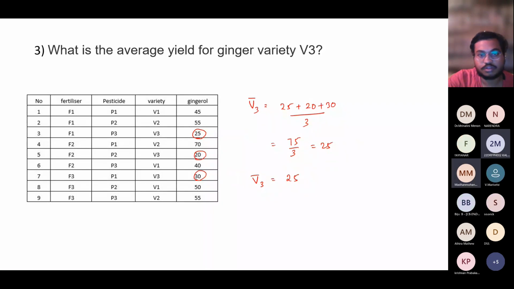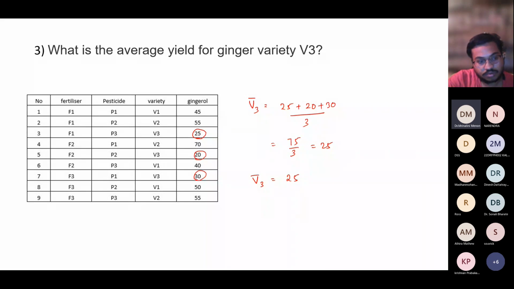Yes, clear. Some of those lectures I'm yet to come to, that's why I was asking. So basically, it is the yields corresponding to the use of that particular component that we have to take an average of.